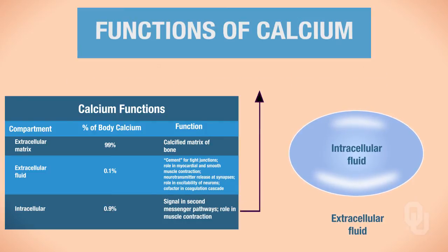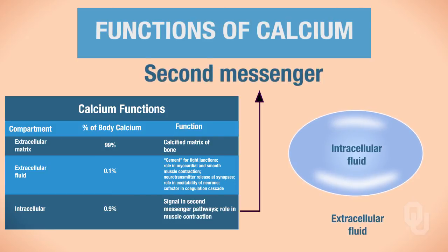Within the intracellular fluid, you've already learned that calcium serves as a second messenger, and it also plays a role in muscle contraction, even if it's in the intracellular fluid. Again, all of these functions you will be discovering when we move on to future segments. Thus far, you are responsible for knowing that calcium functions as a second messenger system within the intracellular fluid.